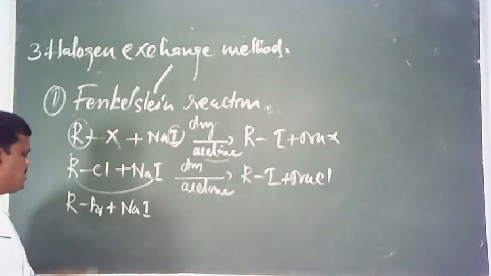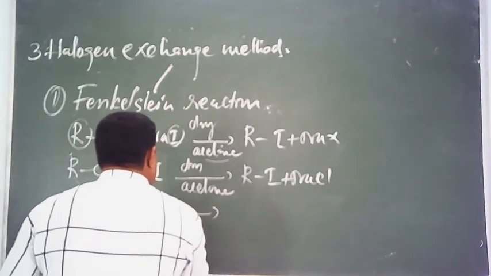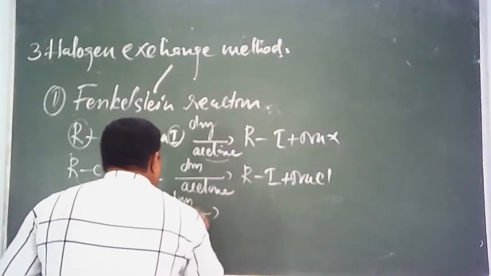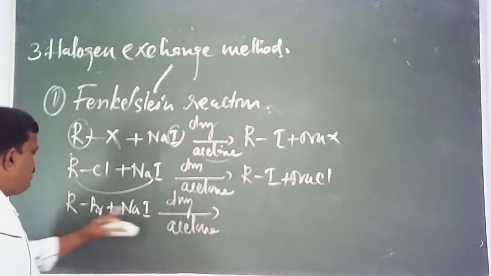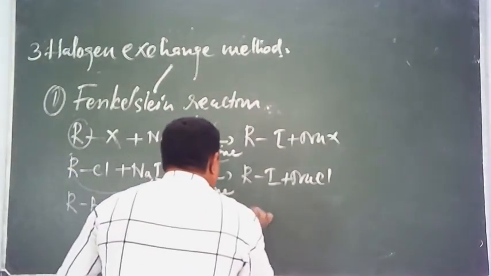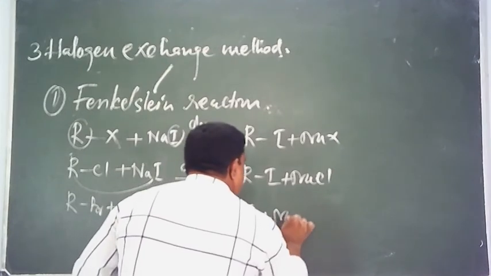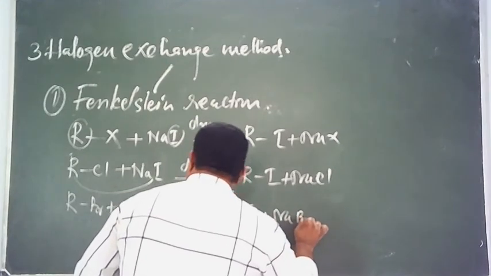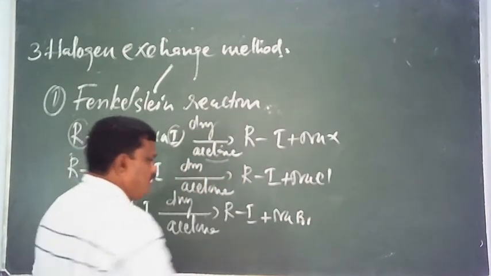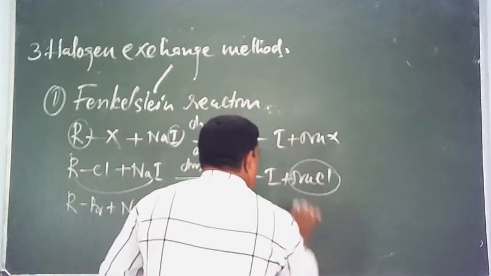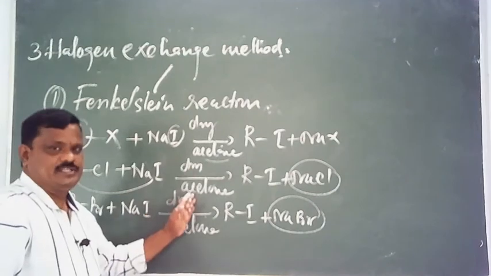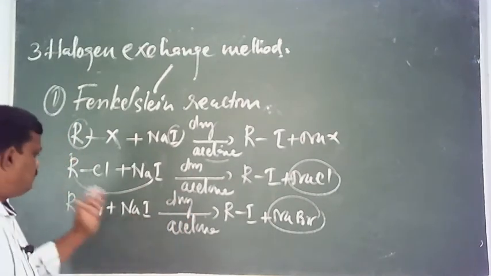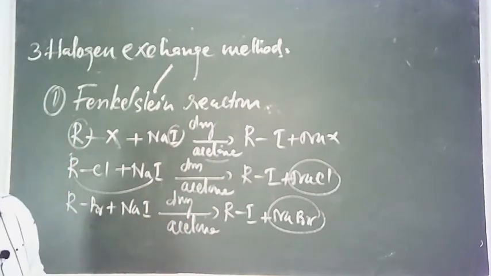Alkyl bromide is treated with sodium iodide in dry acetone. Here we get RI, alkyl iodide, plus sodium bromide. You see here? Sodium chloride and sodium bromide get precipitated in dry acetone. As a result of this, the forward reaction gets favored.